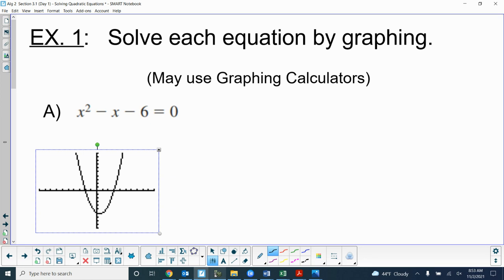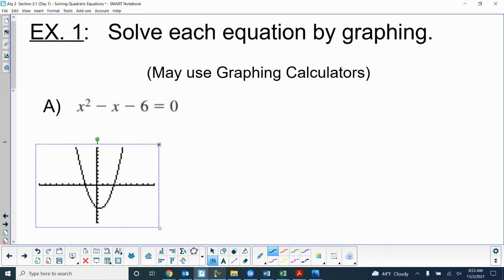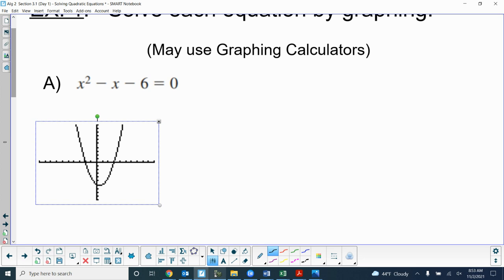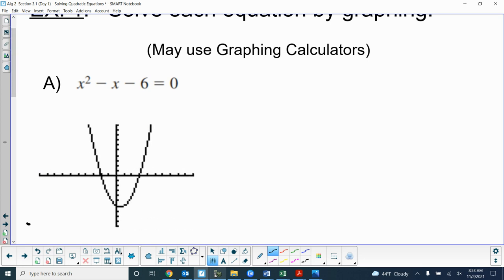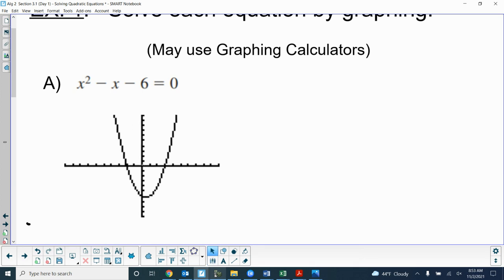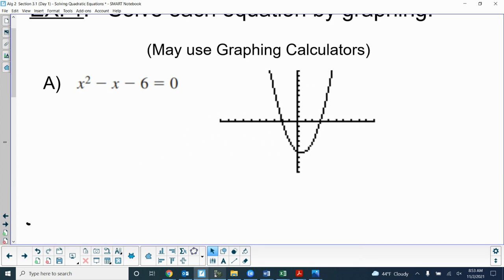All right, so remember, we're saying this equals 0, right? Where is the y value 0 on our graph? On a graph, where's the y value 0? Connor, where's the y value 0?